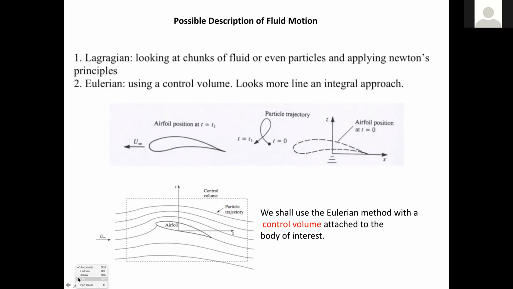Okay, I can see it. We're good. So if this airfoil moves from here to here, but you attach the coordinate system to the frame of the fluid, so the fluid is stationary, then we're trying to look at chunks of fluid. If I take a chunk of fluid here, then it does all kinds of loops like that.